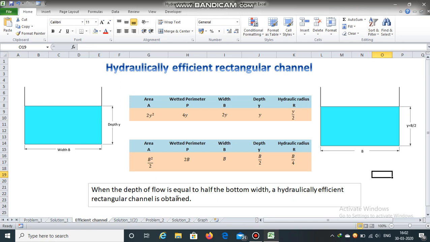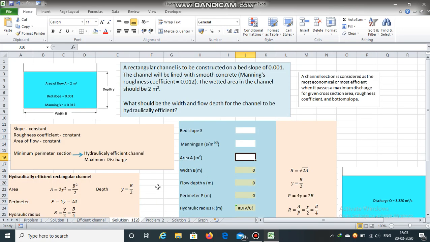When the depth of flow is equal to half the bottom width, that is when y is equal to b divided by 2, a hydraulically efficient rectangular channel is obtained. Now we will directly obtain the solution. We have to obtain the width and flow depth for the channel to be hydraulically efficient.